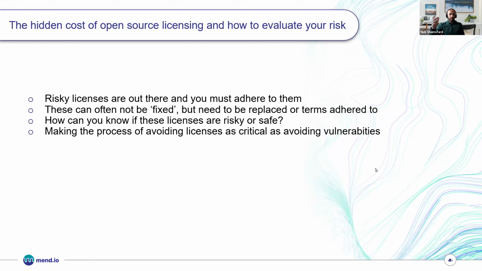Very briefly, open source licensing is just as big a part of open source as vulnerabilities. For example, if you're using a bad open source license, you might only be able to use that particular open source library on a feature branch.